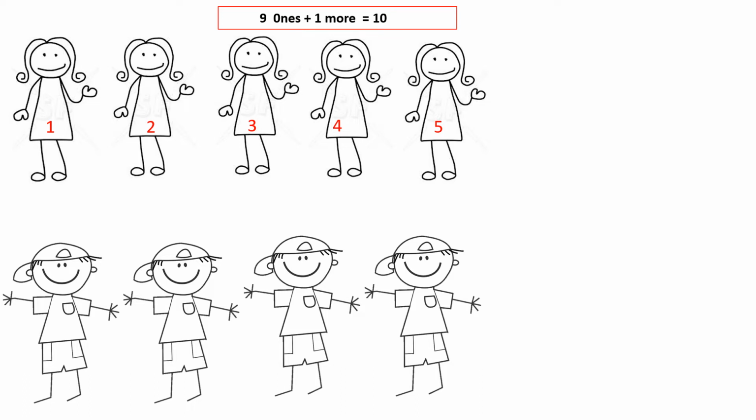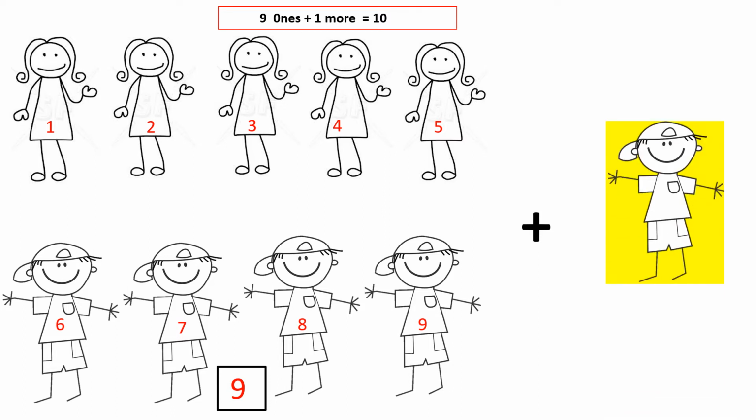The turn for the boys. 6, 7, 8, 9. So all of them, the girls and boys, they are 9 in number. Now to make 10, what do we do? We add one more.